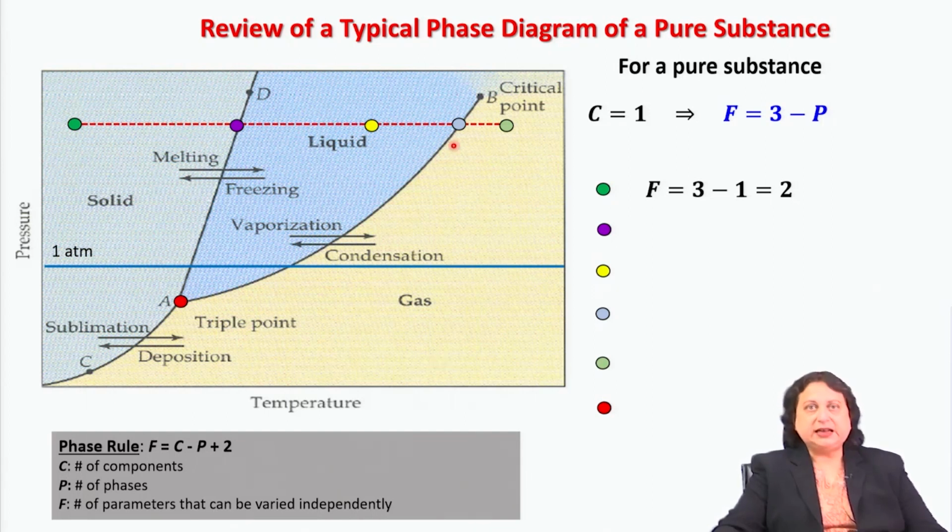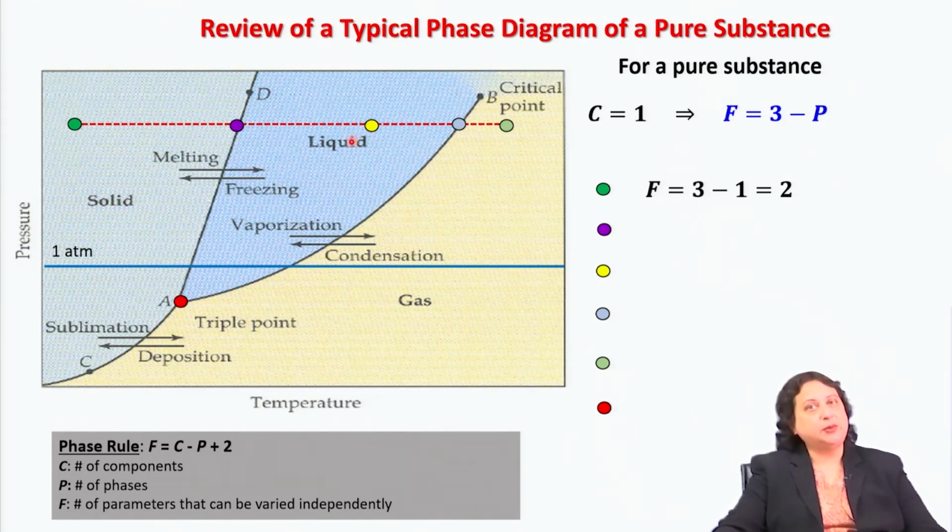Now, let us say that I am trying to change the state of the system along this red dashed line. This red dashed line is a horizontal line which is parallel to the x axis. As a result, the change in state that I am talking about is an isobaric process.